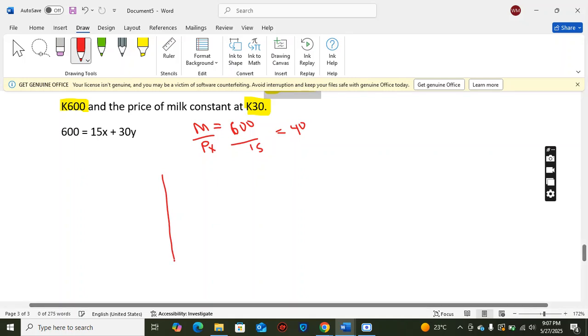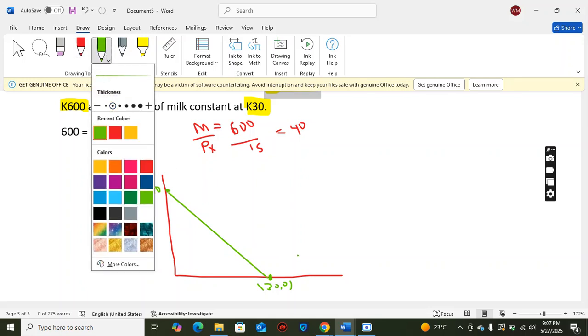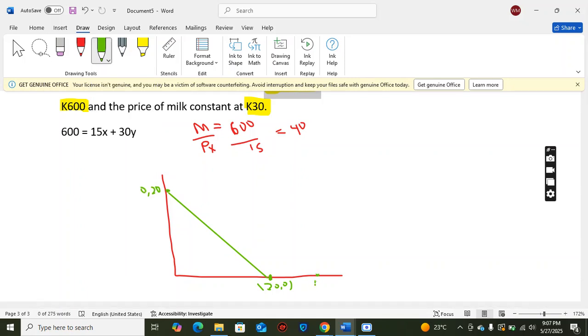Initially, when bread was at 30 kwacha, it was 30 units of bread and 0 units of Y. Now, since the price of bread has gone down, we can buy 40 units of bread, 40 loaves if we're just buying bread alone.